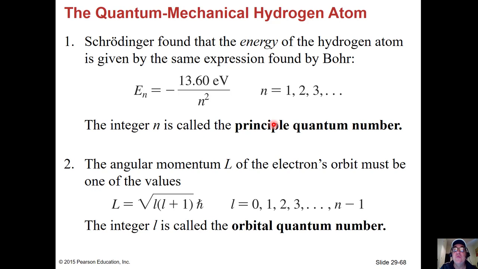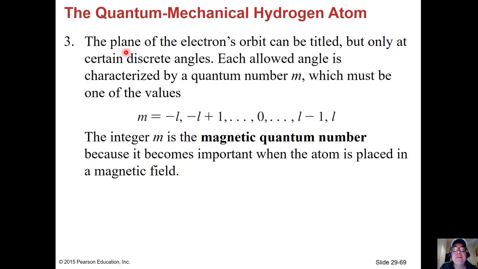So it's always 1 less, and it takes on a series of numbers. Again, for example, if n is 2, l could be 1 or 0. It doesn't just have to be 1 less; it could be 1 less and even more or less. Okay? Those are the allowed angular momentum values.